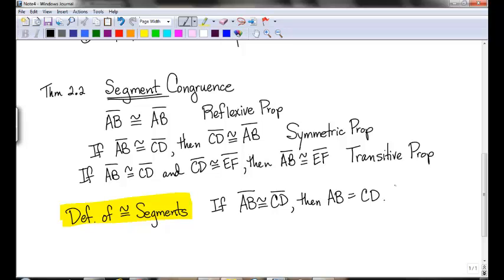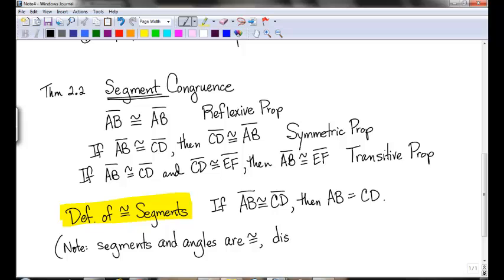Okay? Here's the difference. Segments are congruent. Measures are equal. Okay, so let's put a little note there to help you remember that. Segments and angles are congruent.